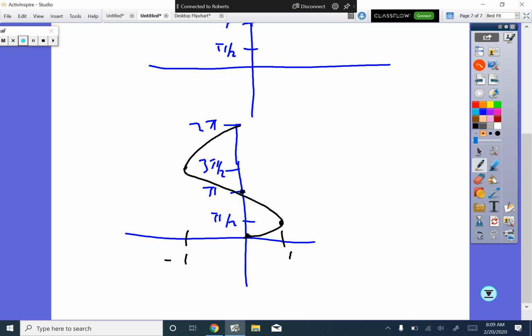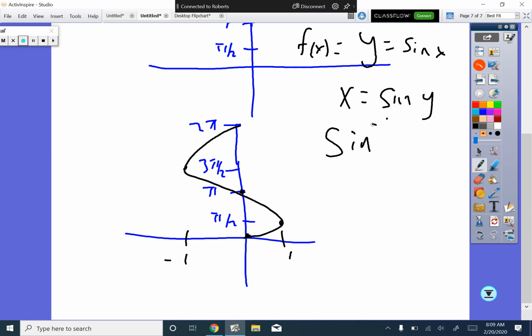So y equals sine of x was up here. Therefore, to get its inverse, we could call it f of x once again. This would be x equals sine of y. And then how do we get rid of the sine to get y to the other side? Inverse sine of x equals y.